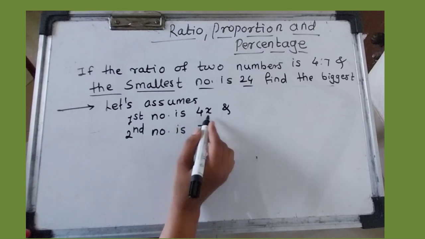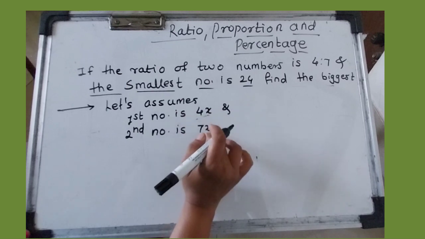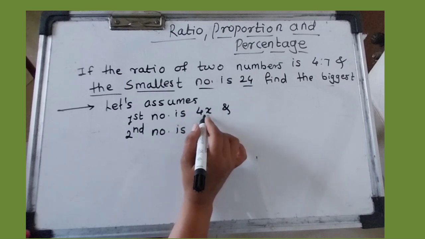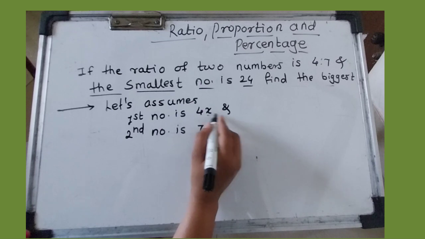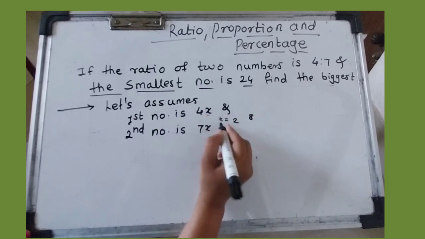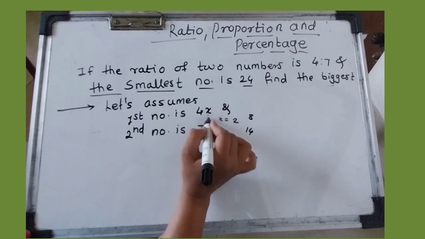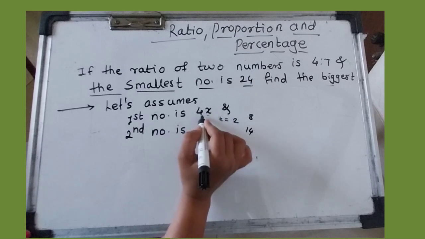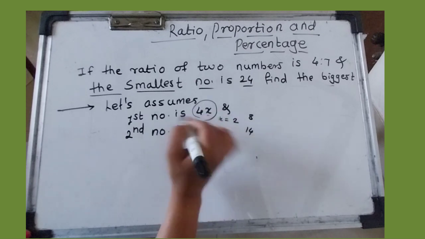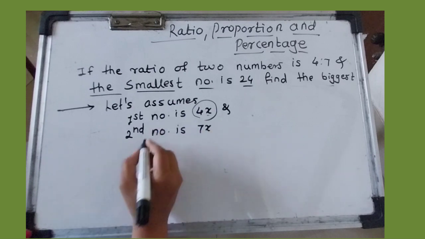Whatever I put here, smallest will be 4x. Suppose x is 2, I get 8. If x is 2, 14. So whatever I put here, smallest number is 4x. Obviously.